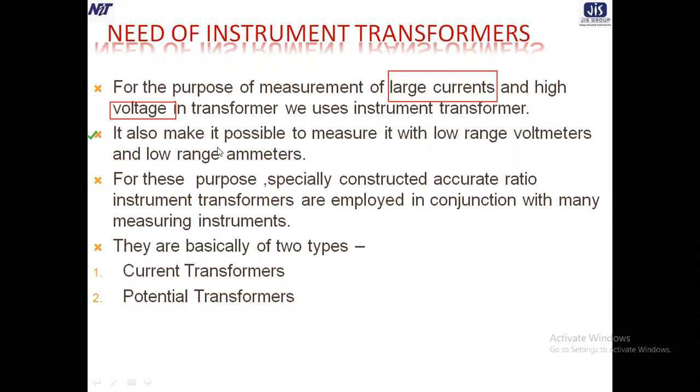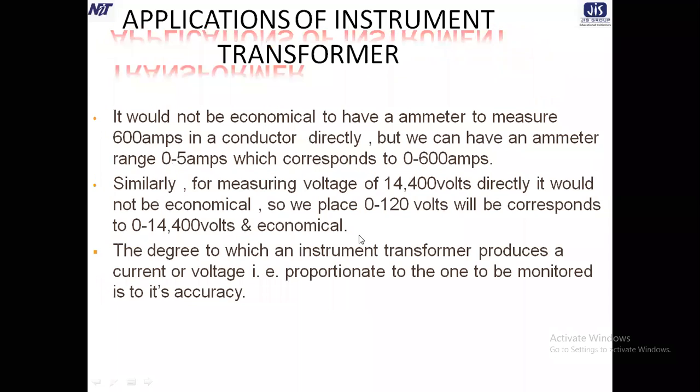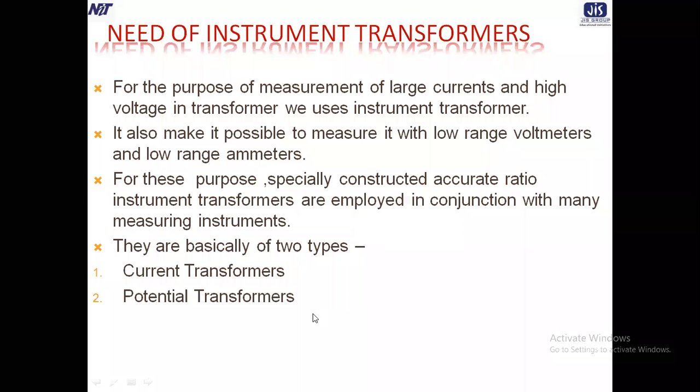For this purpose, specially constructed accurate ratio instrument transformers are employed in conjunction with measuring instruments. They are basically of two types: one is the current transformer and the other is the potential transformer. So that's the need of instrument transformer.